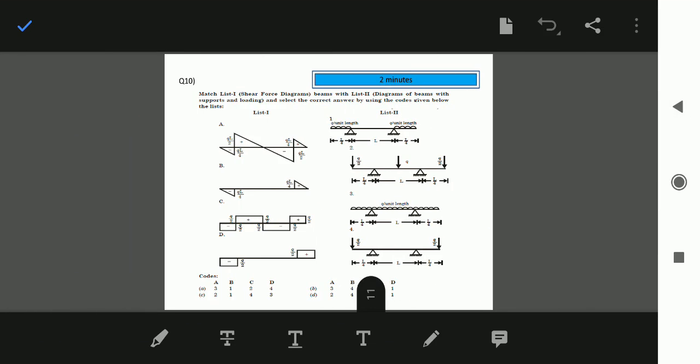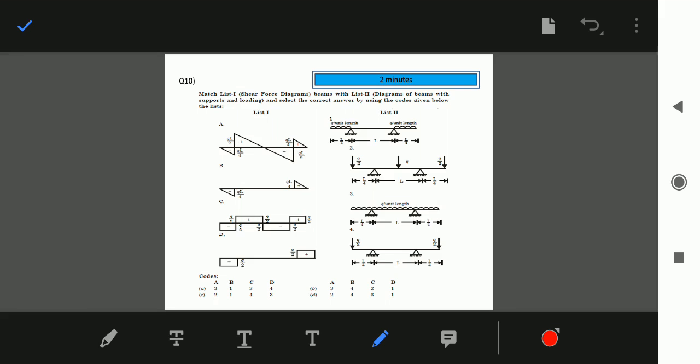So next question. The question seems lengthy, but it's very easy, because only the shear force diagram has to be matched with the loading. We know that if a point load is applied, it will be a line parallel to the axis, and if a uniformly distributed load is applied, it will be a slanting line.